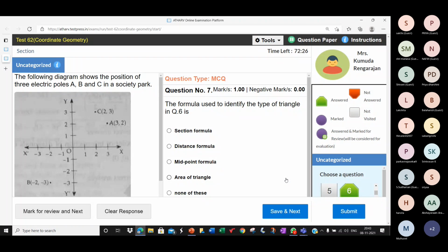We use two things, children, in question number 6. One is the distance formula, and we also use the converse of Pythagoras theorem. So the formula used to identify the type of triangle is the distance formula.